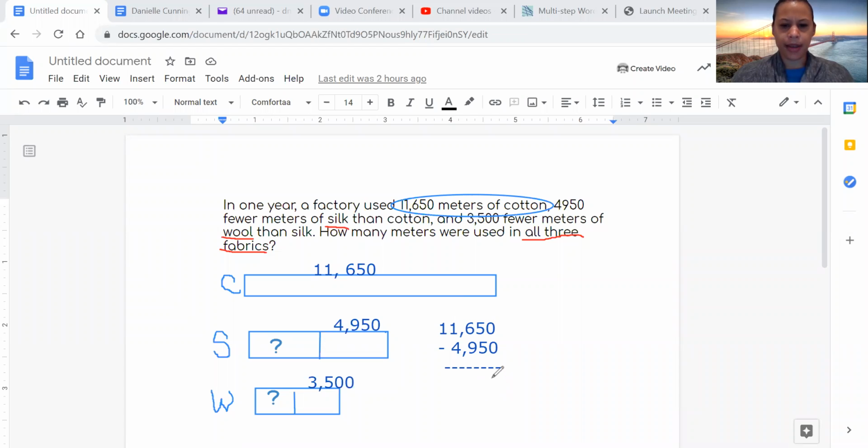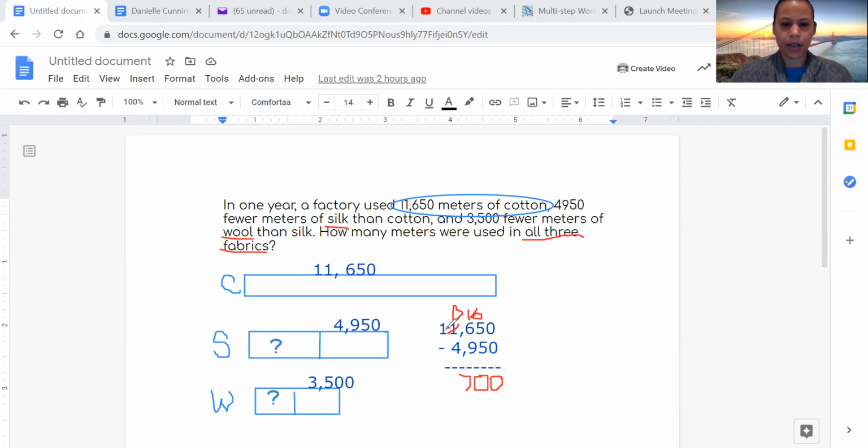We know with the place values, we have 0, we have 0, 5 minus 5 is 0. Right here, 6 is less than 9, so we need to go over here and regroup. We'll take 10 from here, and this becomes a 0. This will end up being 16. 16 minus 9 equals 7.